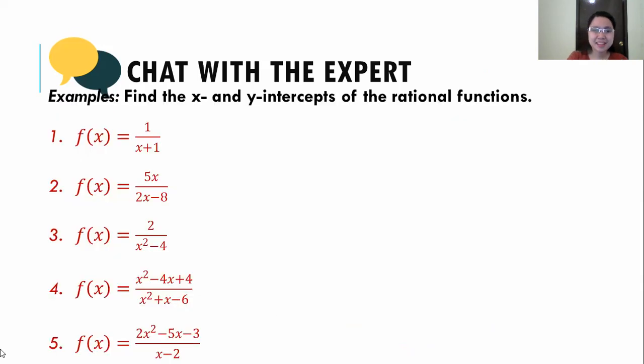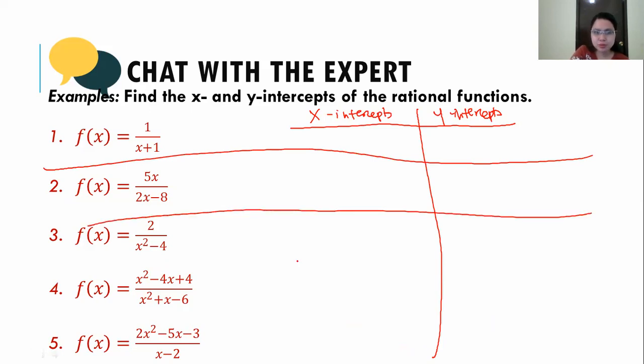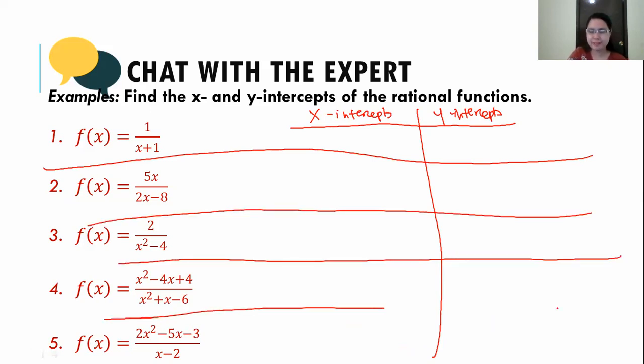Now let's start. The first one, let's solve for the x and the y-intercepts. 1, 2, 3, 4, and 5. Again, your x-intercept will be the same as your 0.